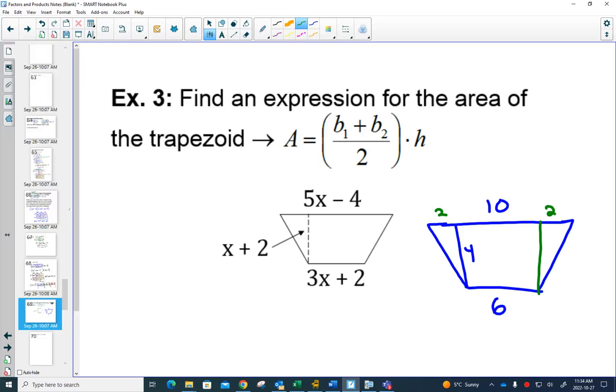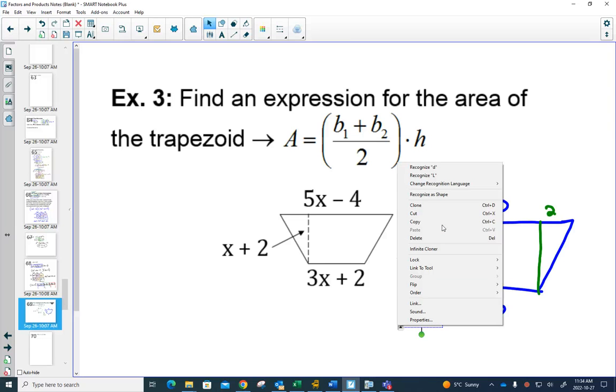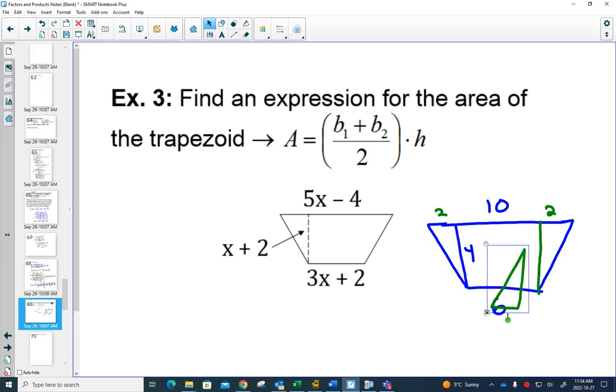If you have this, does it make sense that you could take this triangle, cut it out, flip it around, there we go, slide it into there, and if I took this part away and slid it into it, now I have a perfect rectangle. That perfect rectangle still has a height of 4, but now has a length of 8, because the 2 that was up here is now down here, filling in this spot.